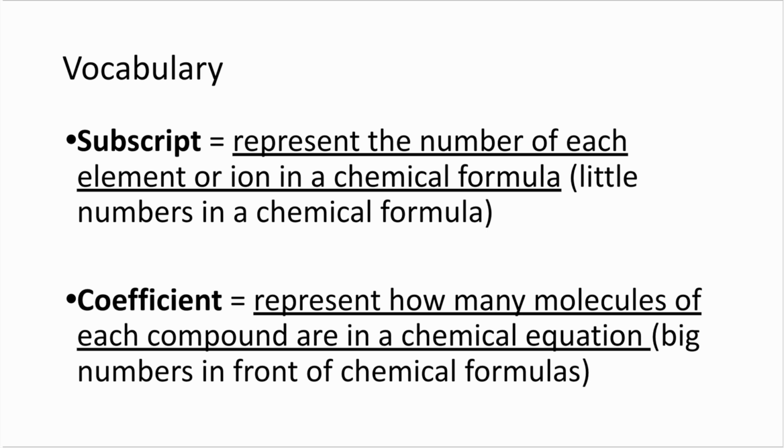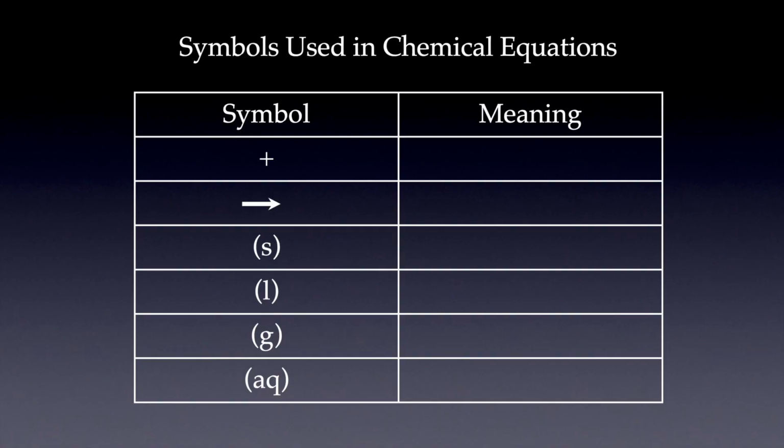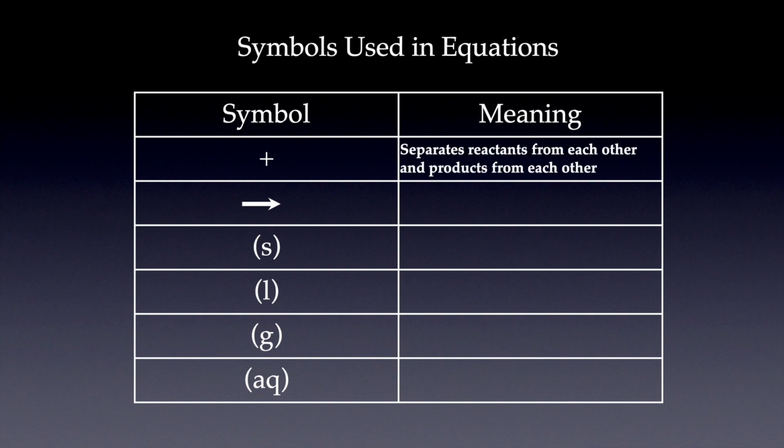Chemical equations also involve coefficients. Coefficients represent how many molecules of each compound are in the balanced equation, and they are the big numbers that we write in front of the formulas. So some various symbols that we use in chemical equations: plus separates different reactants from each other or different products from each other.